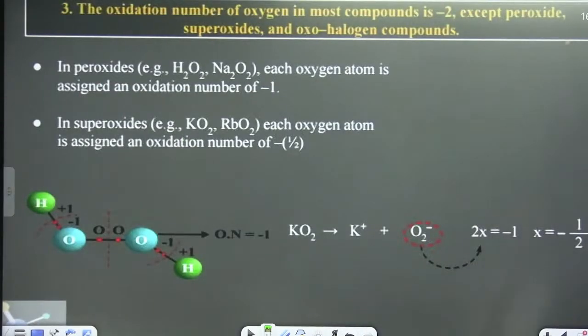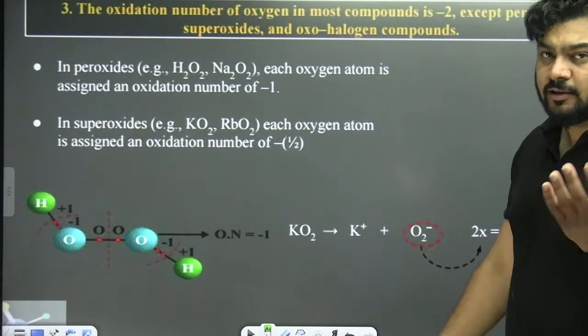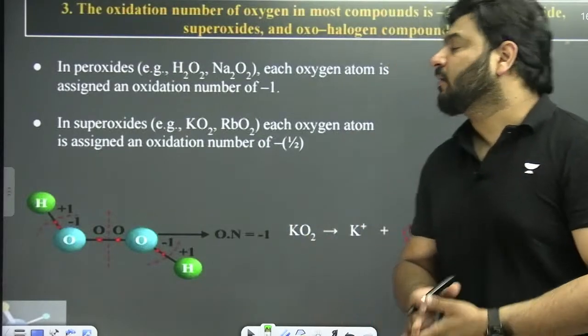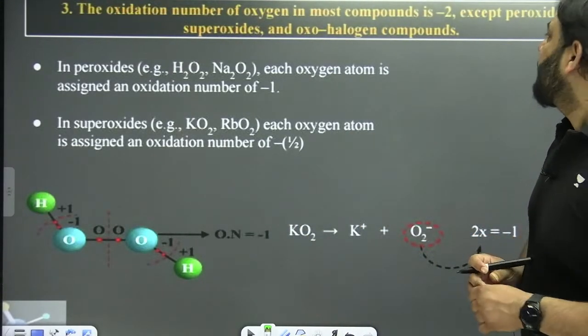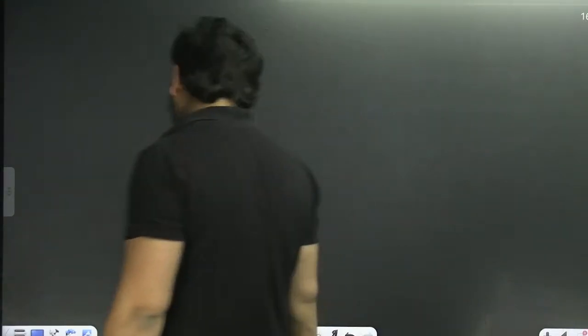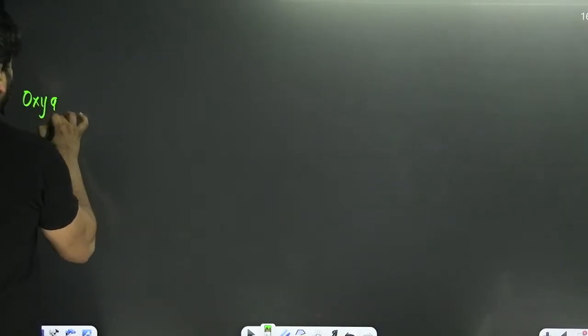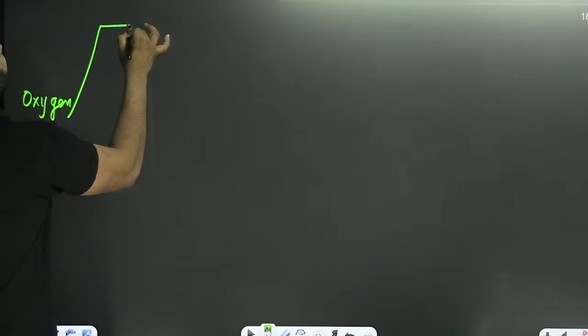Now, polyatomic ions will also be discussed later, not right now, but a bit after this. So we have another important element that we have to first accept, called oxygen. Oxygen as an element can exist in so many states. Number 1, elemental state.